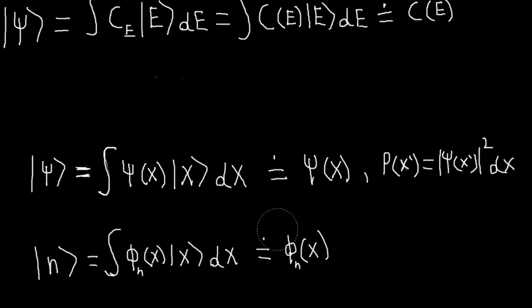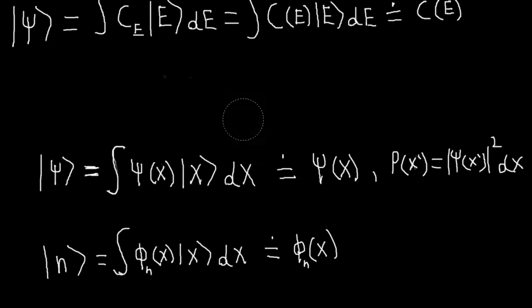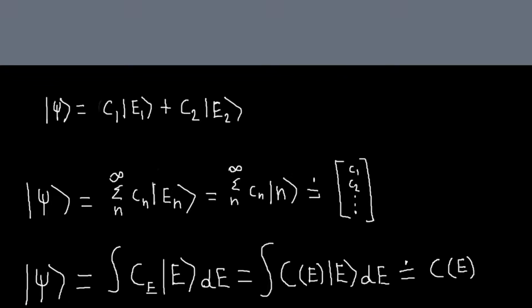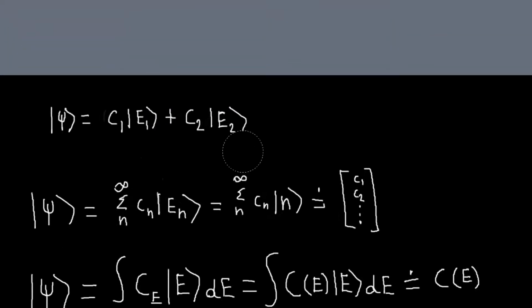And so, just like when we were working with the representations for our finite dimensional systems, we had our state vector represented as a column vector, and we found that we could write this column vector as a linear combination of basis column vectors. For our two-dimensional system, this basis vector would be represented by 1, 0, and this one would be 0, 1.